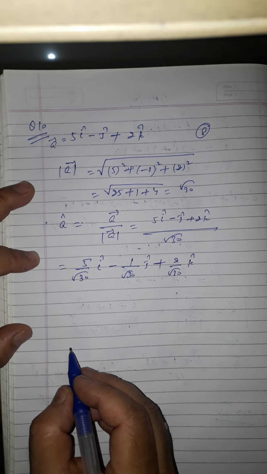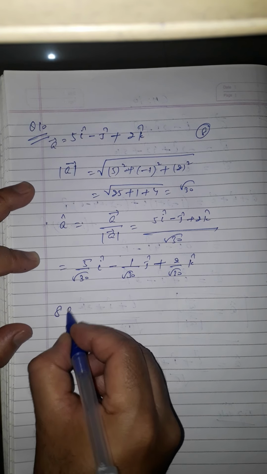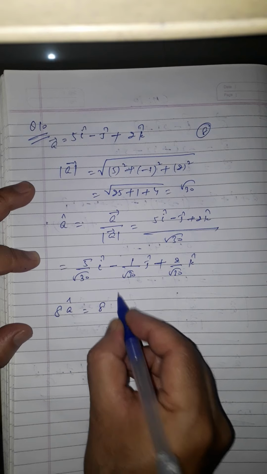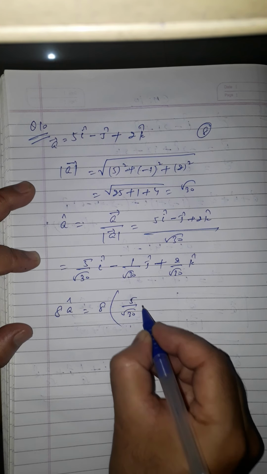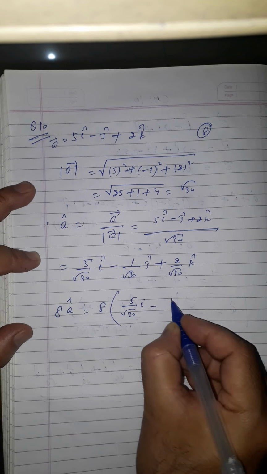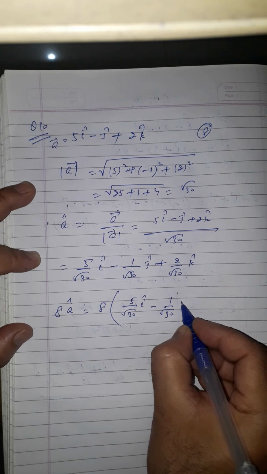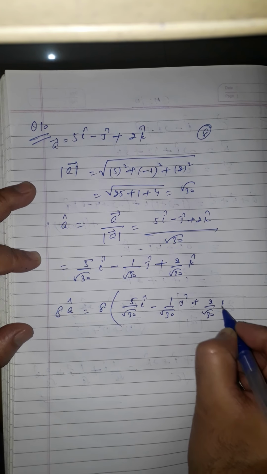Now in the question it is given that the vector has magnitude 8 units. हमें ऐसा एक और वेक्टर फाइंड आउट करना है जिसका मैग्नीट्यूड 8 यूनिट है. इसके लिए हम क्या करेंगे बच्चों, 8 times the unit vector, that is 8 times 5 upon root 30 i cap minus 1 by root 30 j cap plus 2 by root 30 k cap.